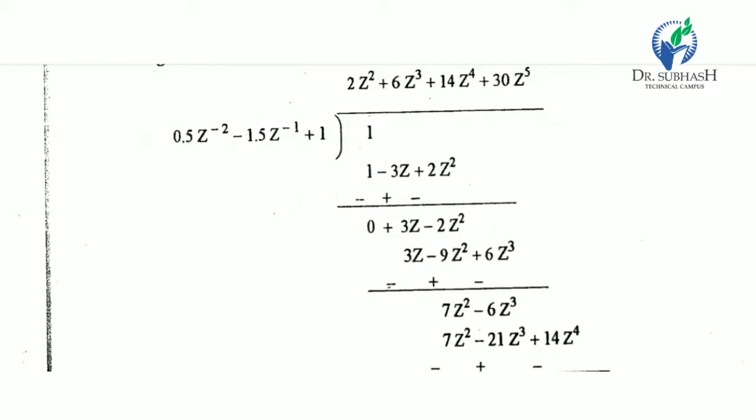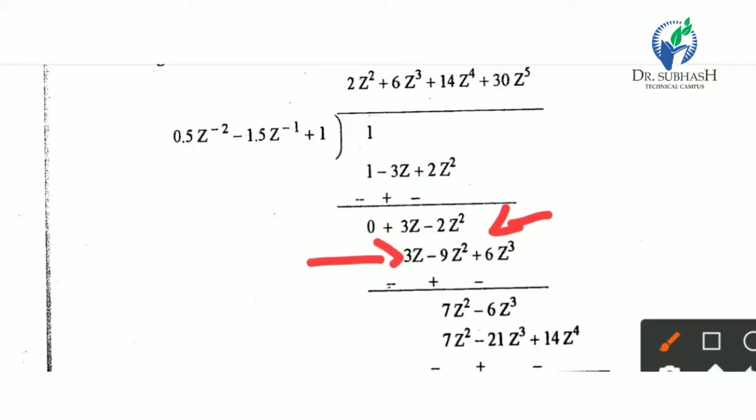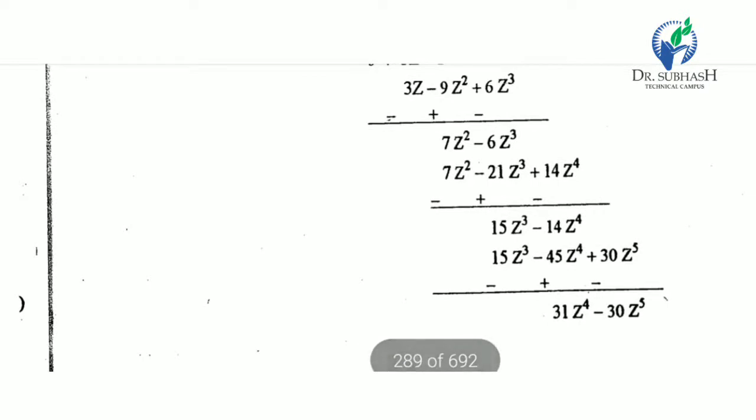Now 3z minus 2z square, subtract this equation. So we will change the sign here, minus plus minus. So 3z minus 3z becomes 0, minus 2z square plus 9z square becomes 7z square. Here the 6z cube minus, so the new term is 7z square minus 6z cube.